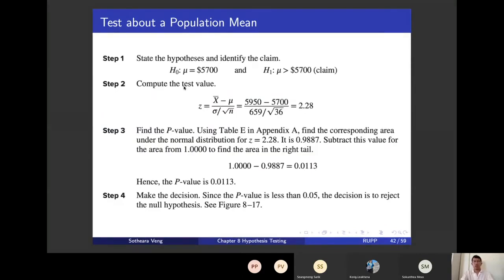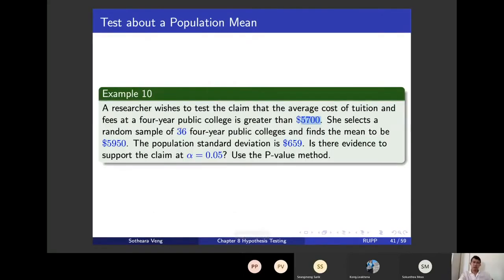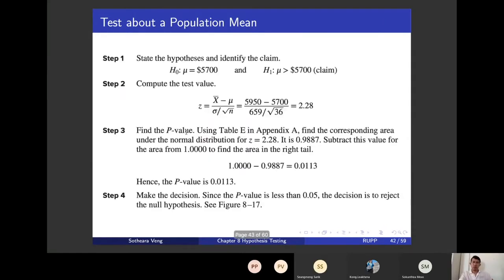And then you have to compute the test value. Again, we use this formula for the test statistic, because our sample size is large, 36, so we don't need the normality assumption. Based on the values given, you find that the test value is 2.28.